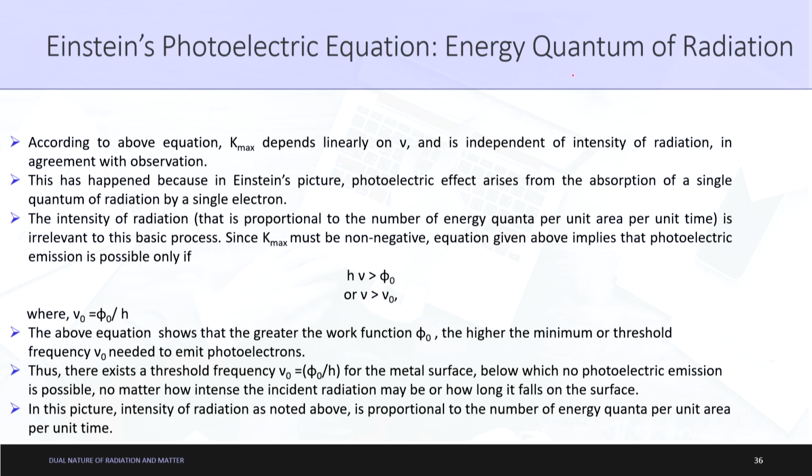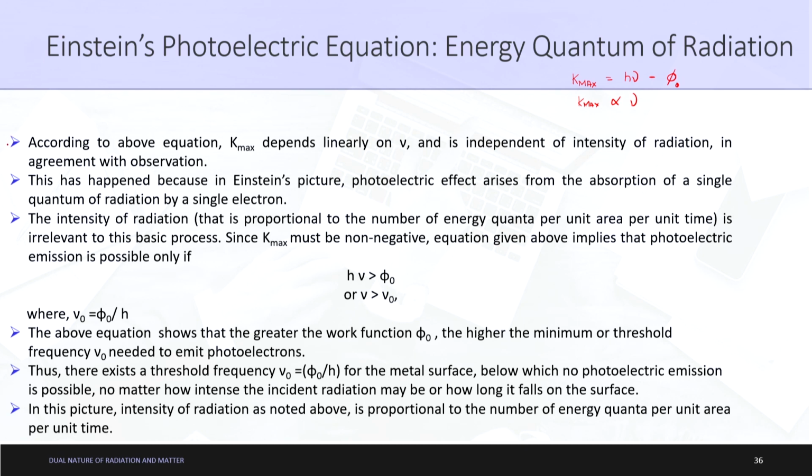As h is a constant, Kmax is directly proportional to the frequency of the light. It is independent of intensity because there is no intensity term here, and hence this is consistent with the experimental study.